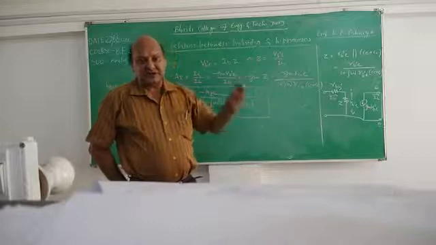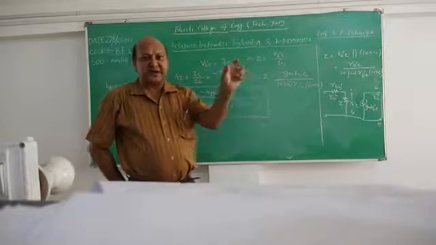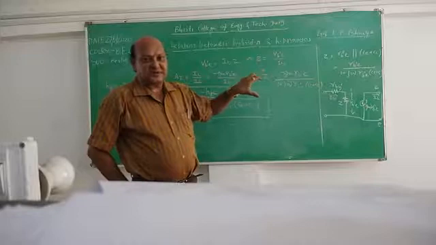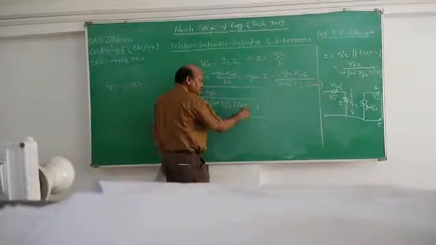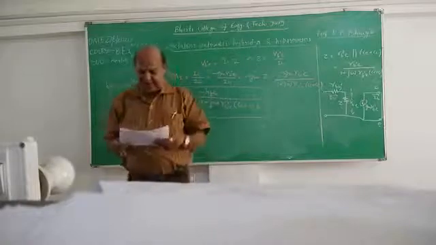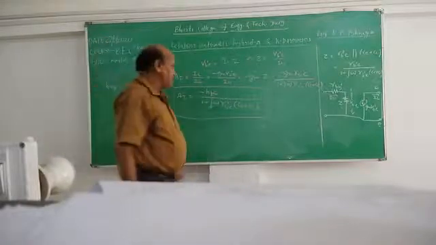Cc is the capacitor between base and collector, and Ce is the capacitor between base and emitter. This is called the forward junction capacitance, and this is the reverse junction capacitance. So this is the short circuit current gain.